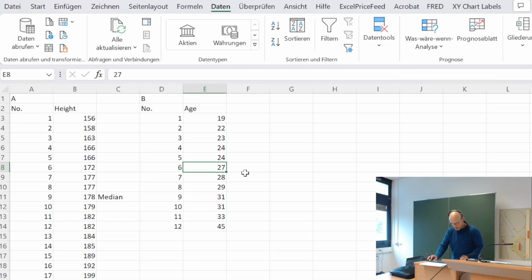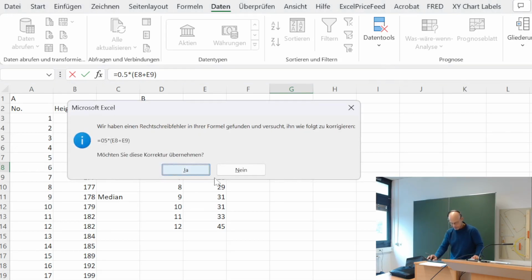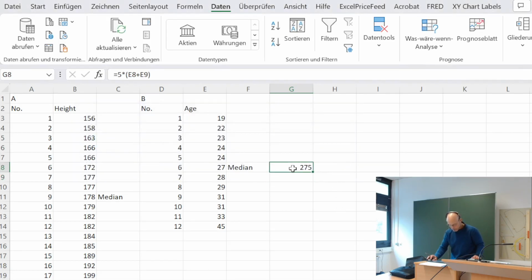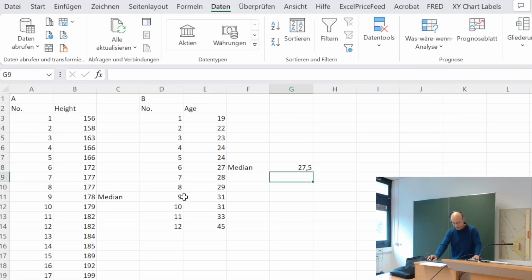So median is then equal to 0.5 times 27 plus 28. Oh, 0.5. Come on.